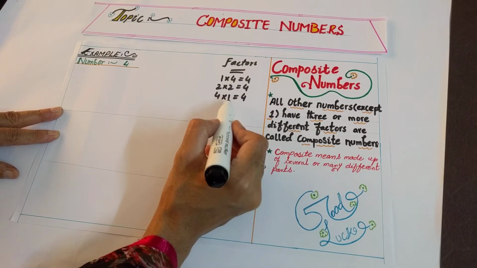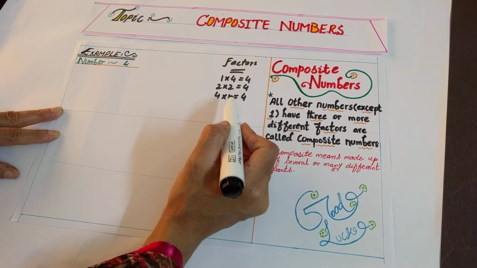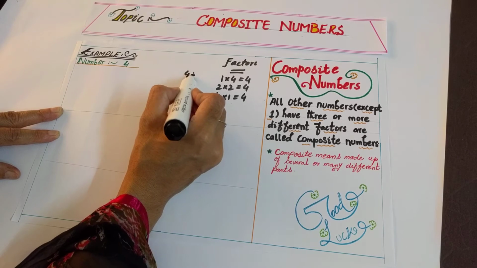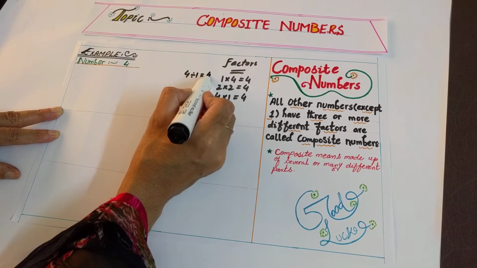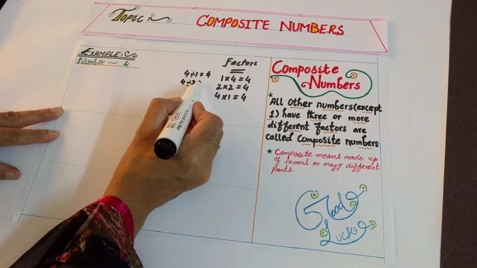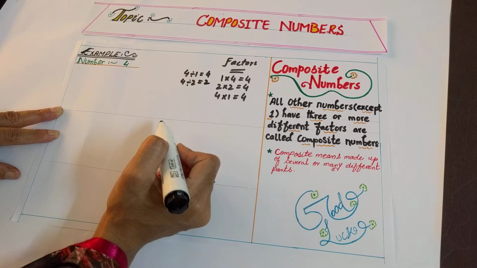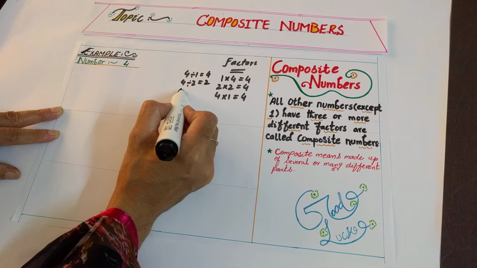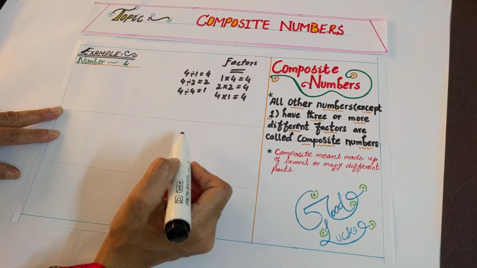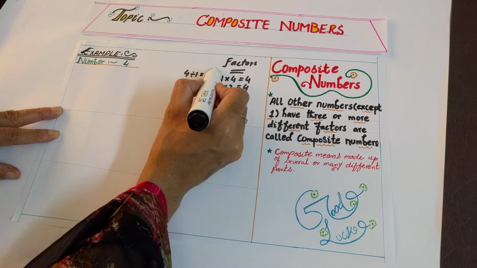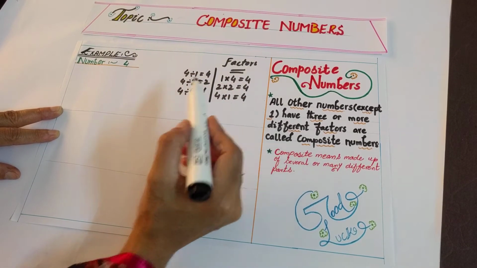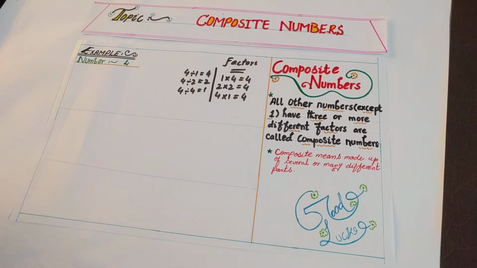Or by division method, you can also do it. 4 divided by 1, 1 4s are 4. 4 divided by 2, 2 2s are 4. 4 divided by 4 is equal to 1. So you can check the factors by multiplication or by division method.